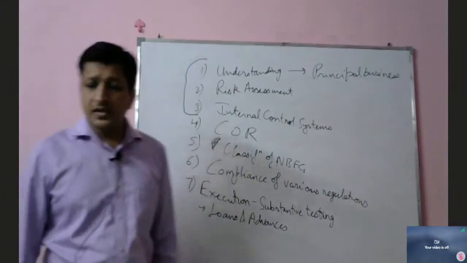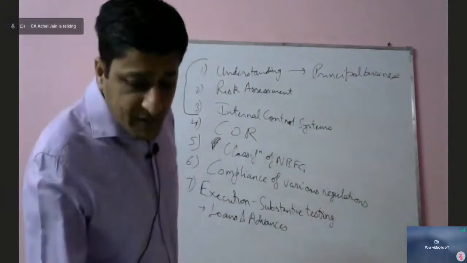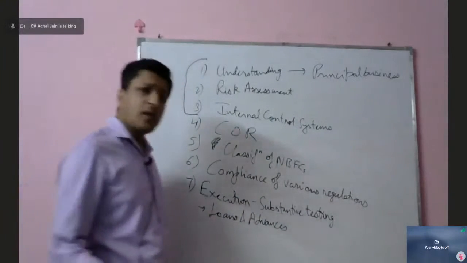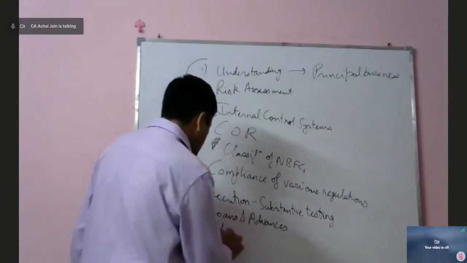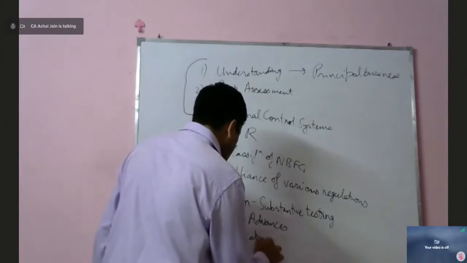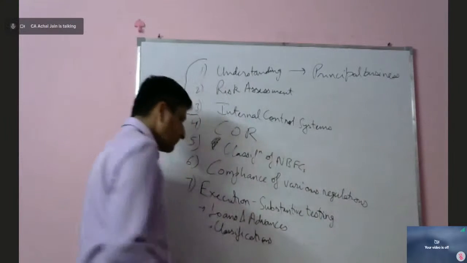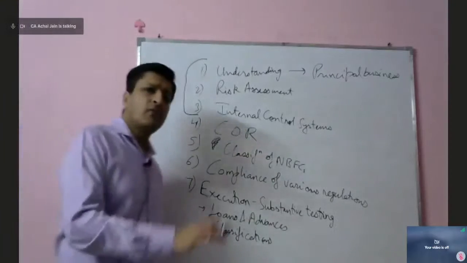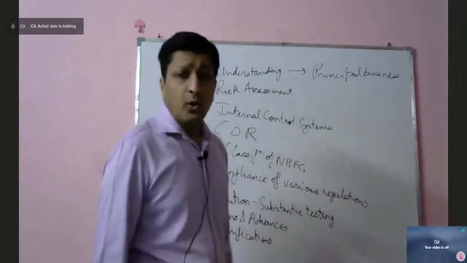Around the loans and advances, another point which becomes important is in relation to its classification. So now we also have the classification of loans and advances into various categories: standard, substandard, doubtful, or loss assets.